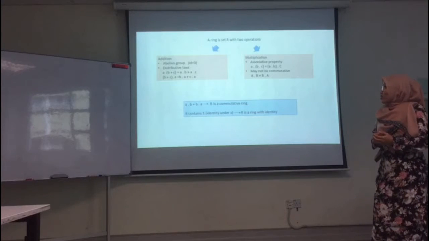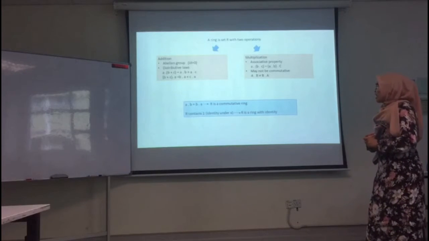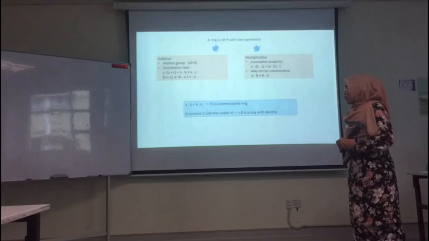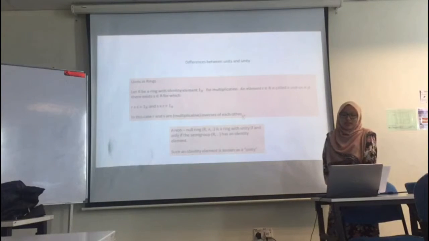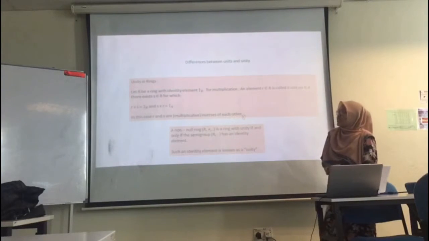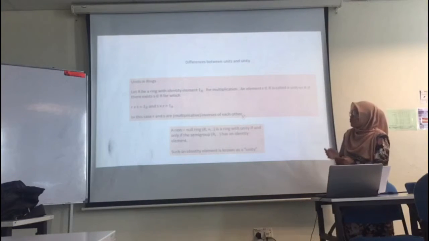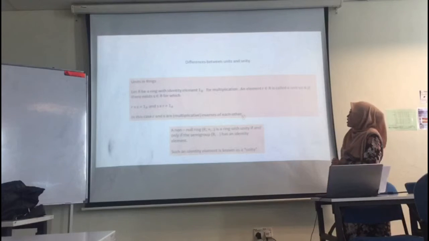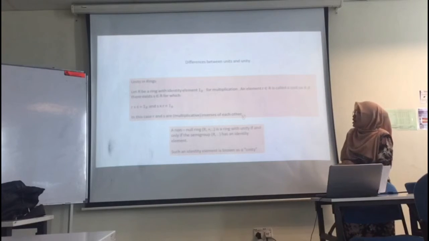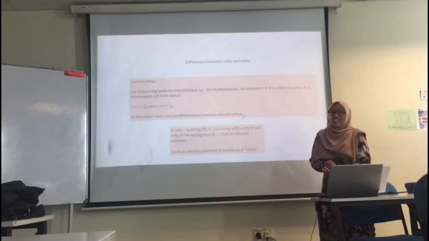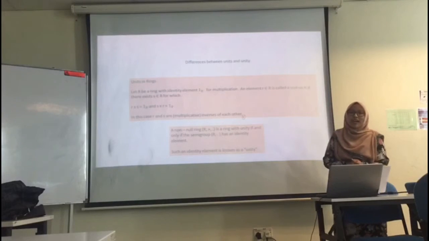We call R a commutative ring when A dot B is equal to B dot A. And R is a ring with identity when R contains 1 as an identity. The difference between units and unity: in a ring R with identity element 1 for multiplication, an element R of capital R is called a unit if there exists S in capital R for which R times S is equal to 1 and S times R is equal to 1.